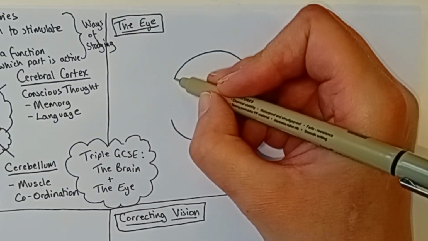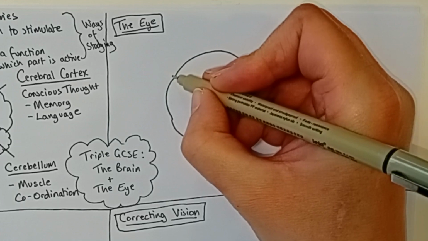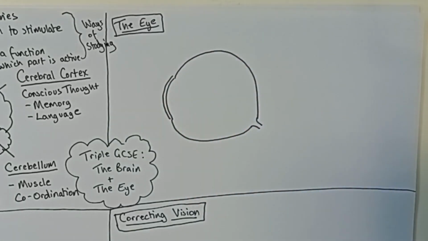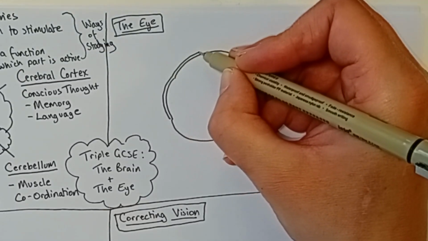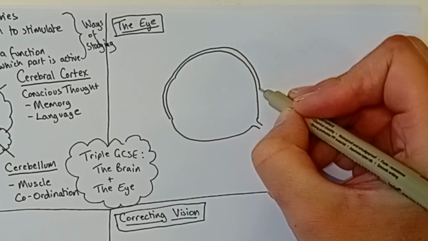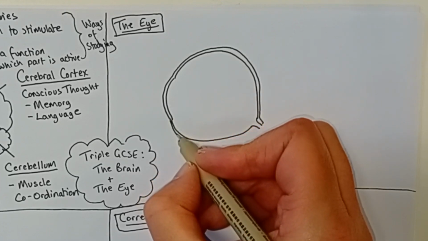At the front then, there's a slight bulge. And the layer over that bulge is clear. It's called the cornea. And then when it goes around the edge of the eye, it turns white and it's called the sclera. So we're going to draw a thin layer slowly and carefully all the way around the edge.